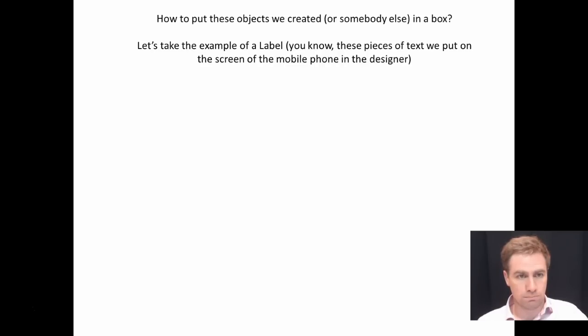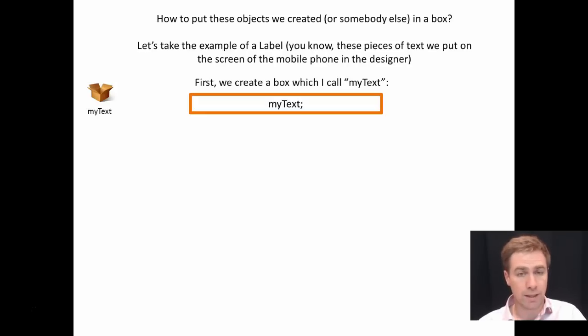So that's what we're gonna do in this tutorial. So how do we use these objects? Let's take the example of a label. You remember a label in the designer of Codename1? In theme.res, we add labels to our screen. Well, how do we use them in code? It's just as we've seen in the previous tutorial. You start by creating a box.